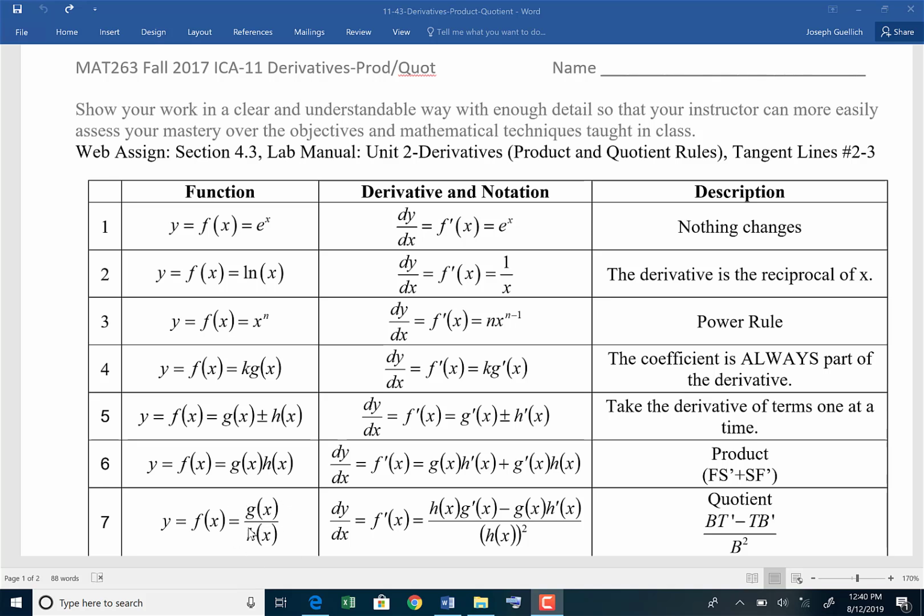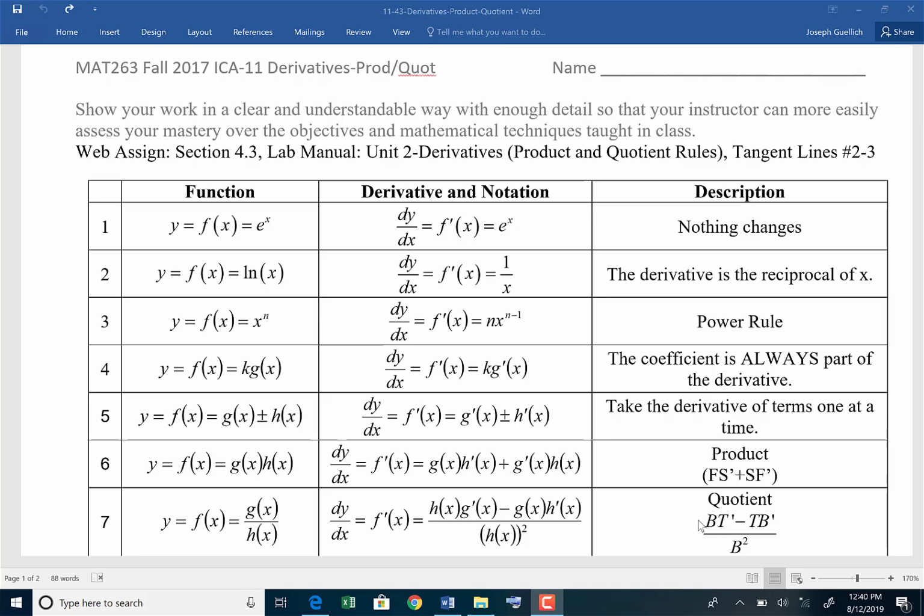The next rule is for dividing, the quotient rule, and there's a top function G and a bottom function H. Because there's a minus in the derivative, you do have to do it in a certain order. You can mix up the multiply, but that minus you've got to get in the right order.